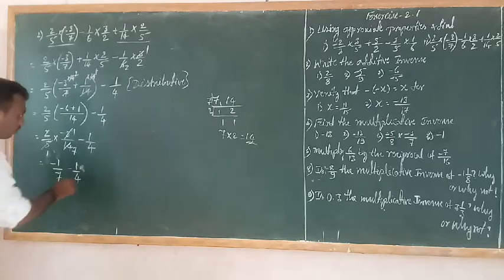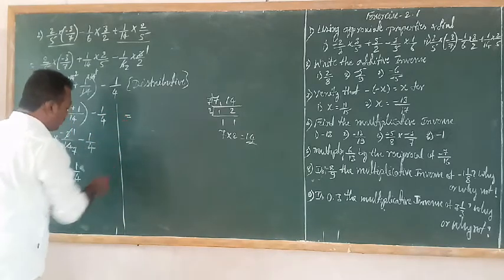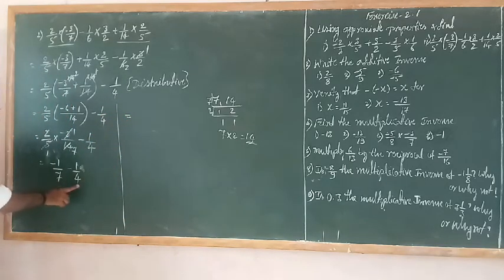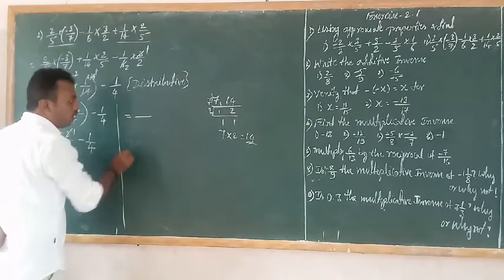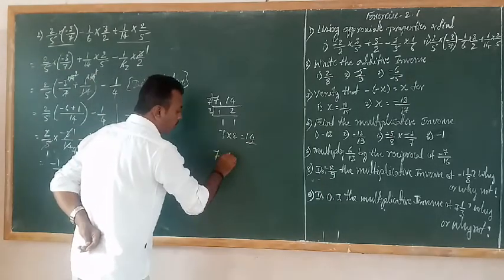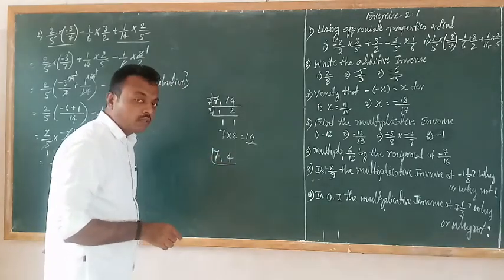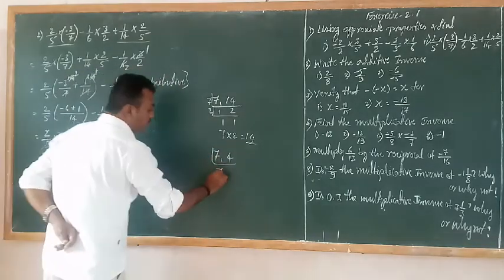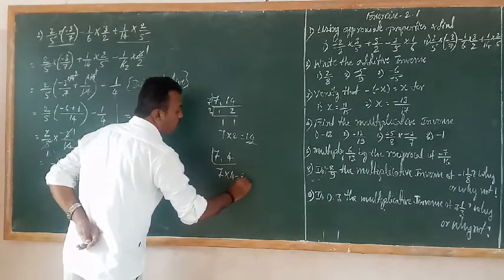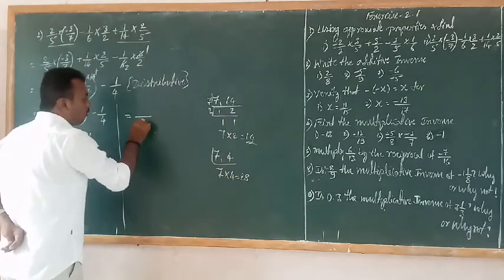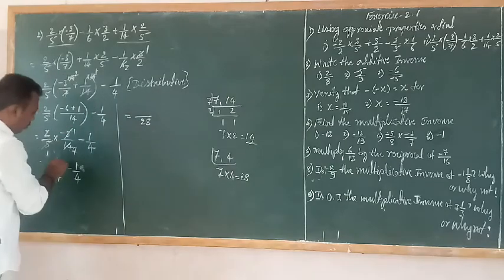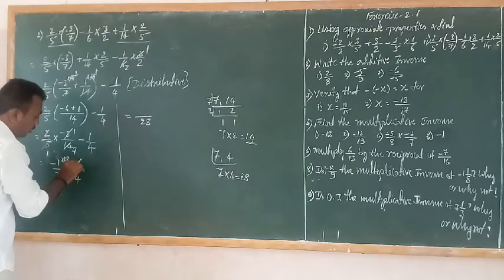Okay. So next step, again 7 and 4 is there, we have to take out the LCM. 7 and 4, LCM what? 28 will come, because 7 and 4 are prime numbers, therefore the product is the LCM. 7 into 4 is equal to 28, therefore 28 is the LCM. Now apply the LCM, 28 into 28.